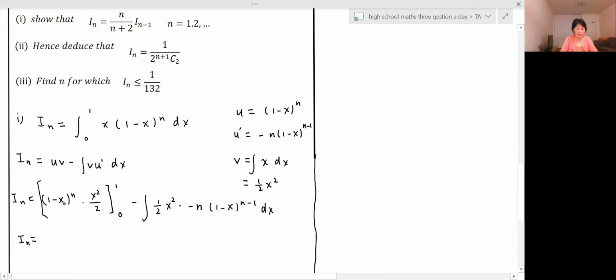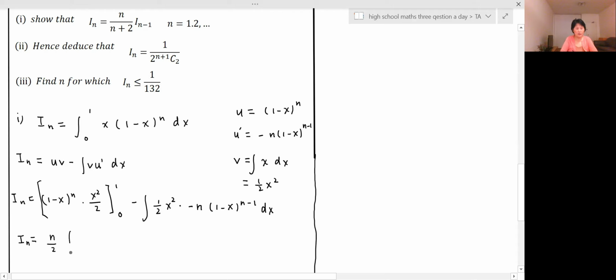you sub the 1 here, which gives 0. You sub the 0 here, which gives 0. This power will be 0. Then the minus and the minus become plus. This n on 2 I can just move outside.